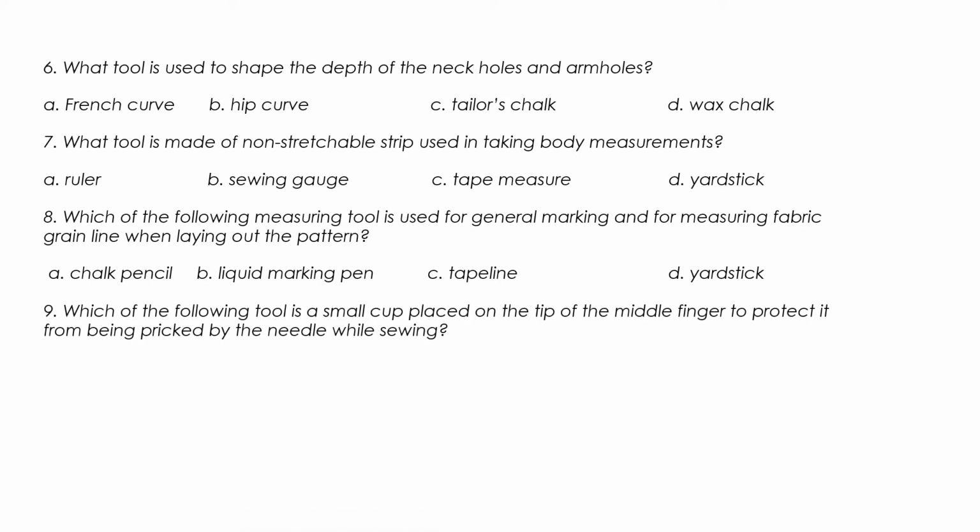Number 9. Which of the following tools is a small cup placed on tip of the middle finger to protect it from being prickled by the needle while sewing? Is it A, hand needle, B, drafting table, C, pin cushion, or D, thimble?